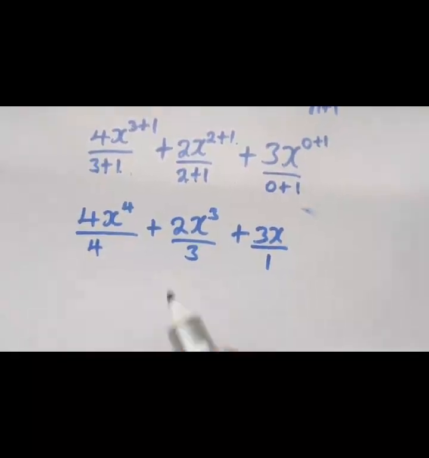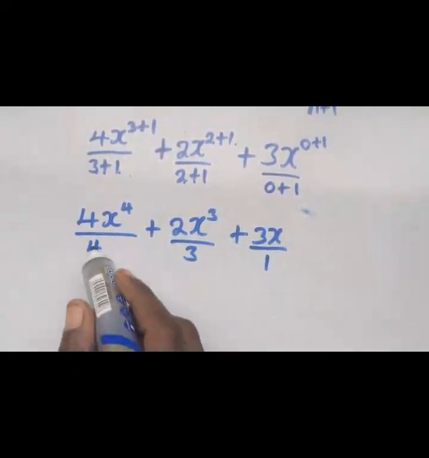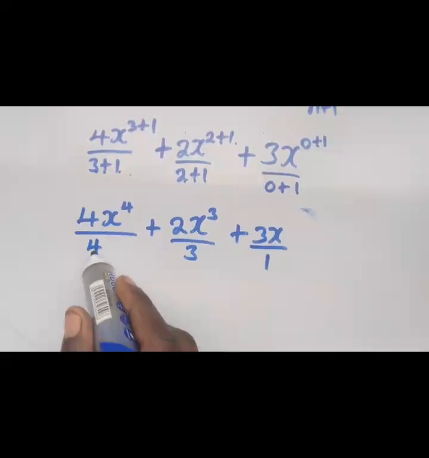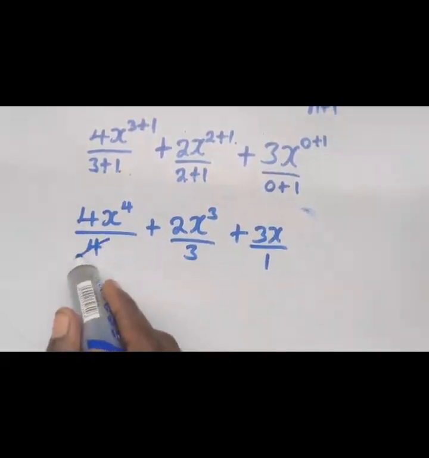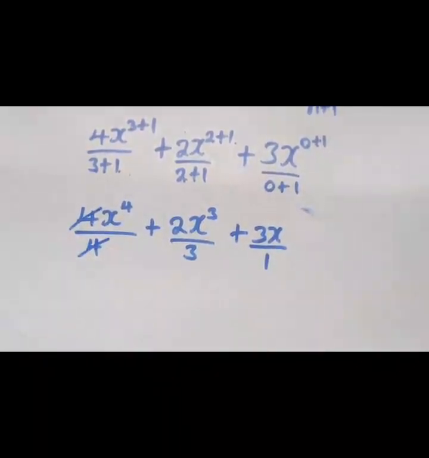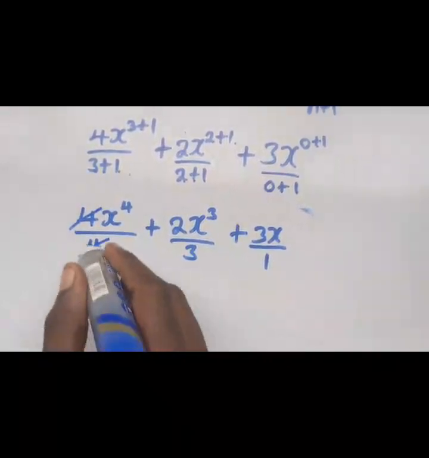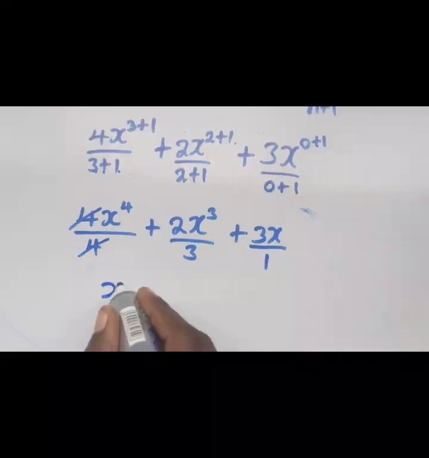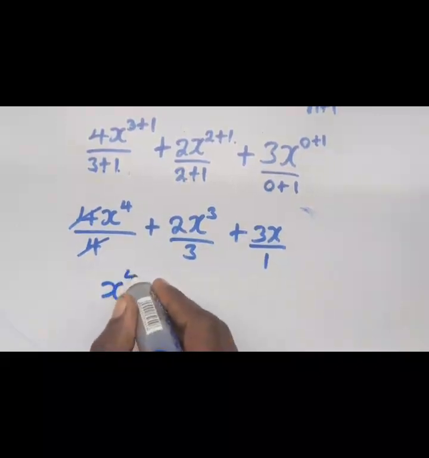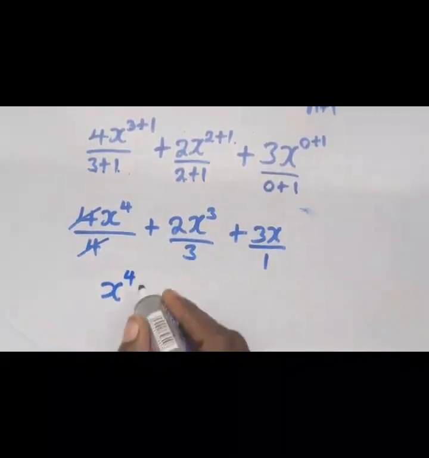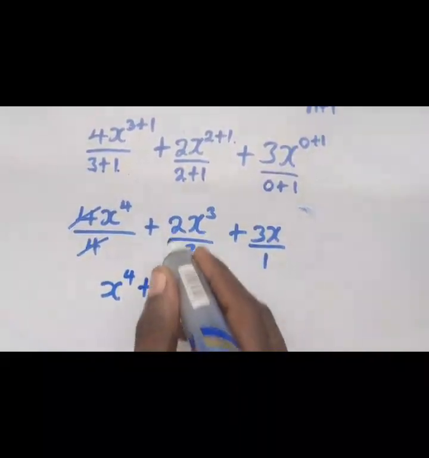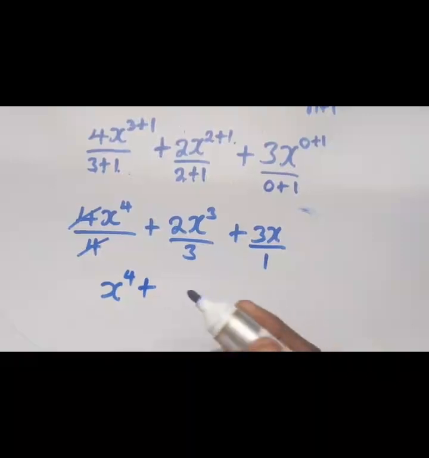So here now, what you are supposed to do is to divide what is here, because there is a 4 here. 4 into that 4 is just a 1. So the 4 will go, then what you're going to remain with is x to the power 4. Then you go on saying 3 into that 2 is the same as 2 over 3.